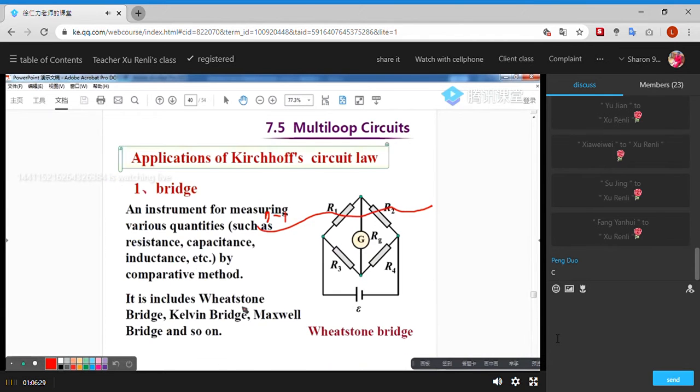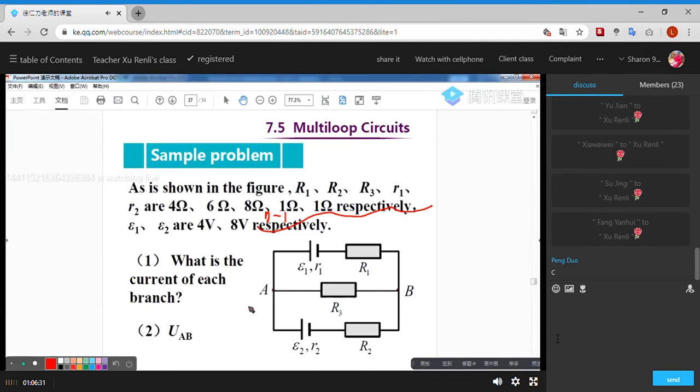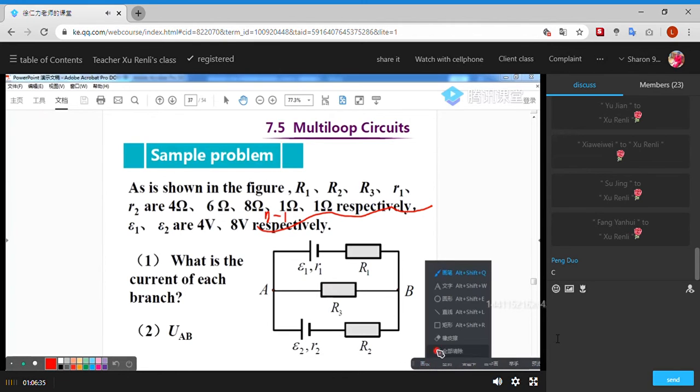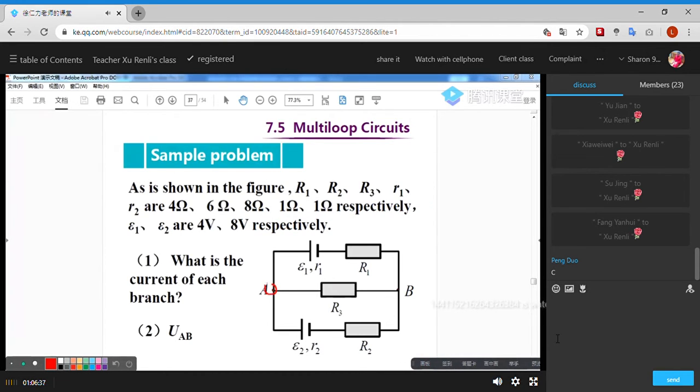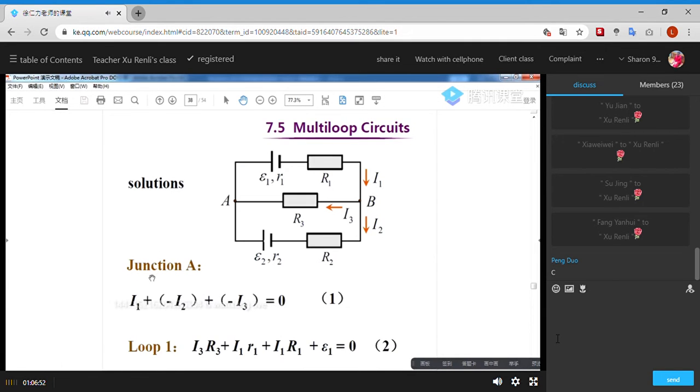In this chapter, like in this equation, we have two junctions A and B, but we only have one equation for Kirchhoff's current law. Here we show you.